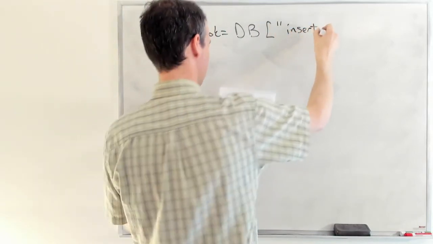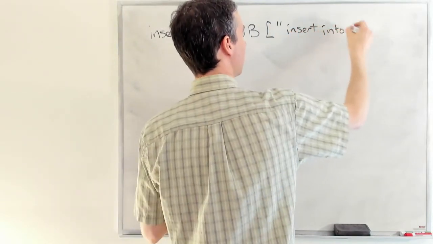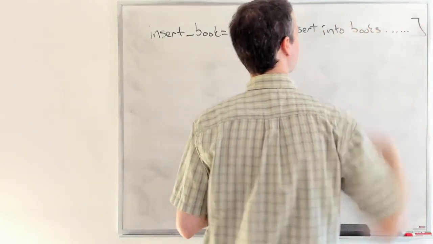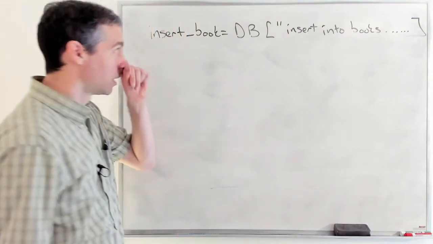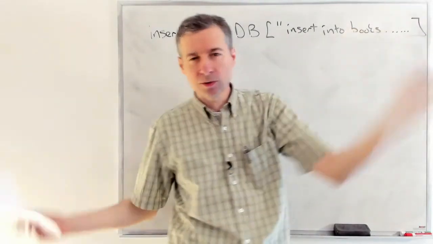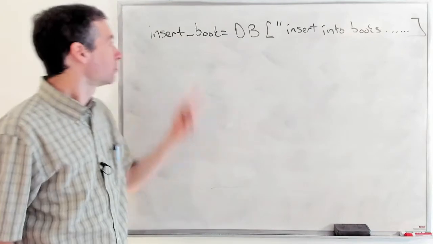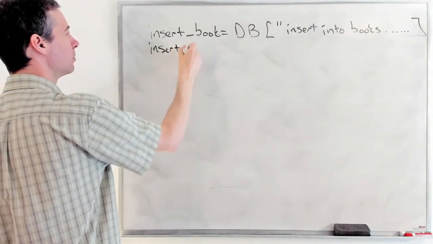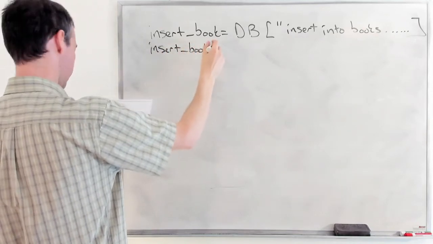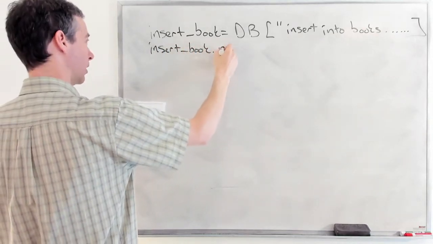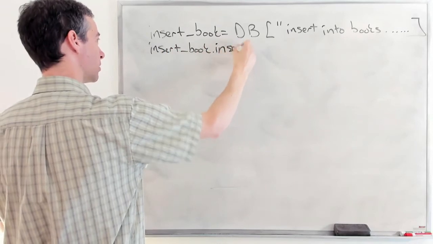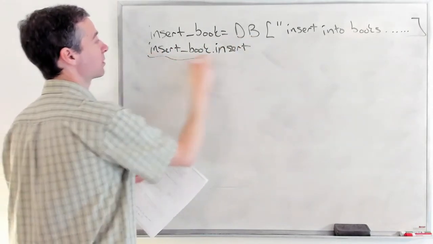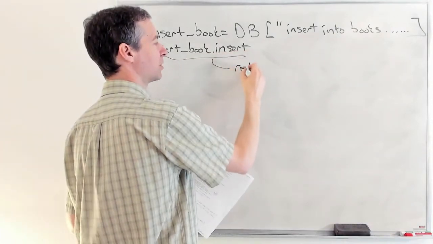We can insert into books, and so on. You've got some statement there, and we're going to fill it out with values and so forth. You do this, and then you have to tell it, please actually do the insert. Okay, so you say, yep, do my insert for me. The problem is this guy here always just simply returns nil.